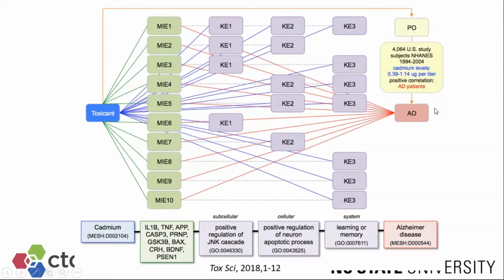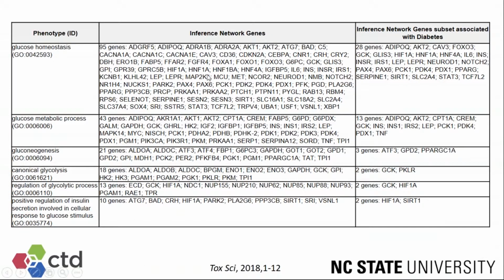And then because we also have this exposure information, you can add that on top of the mechanistic information, getting from the exposure to the outcome. And that would be based on epidemiological studies. So I think this combination of the exposure data, again, with the phenotype and mechanistic data could be potentially useful for developing some of these AOPs computationally.